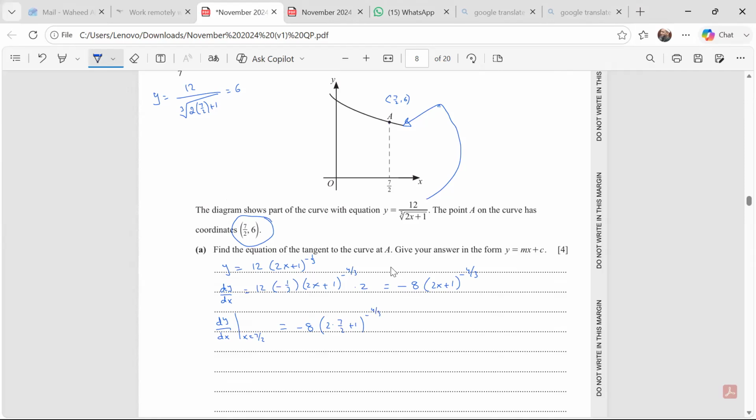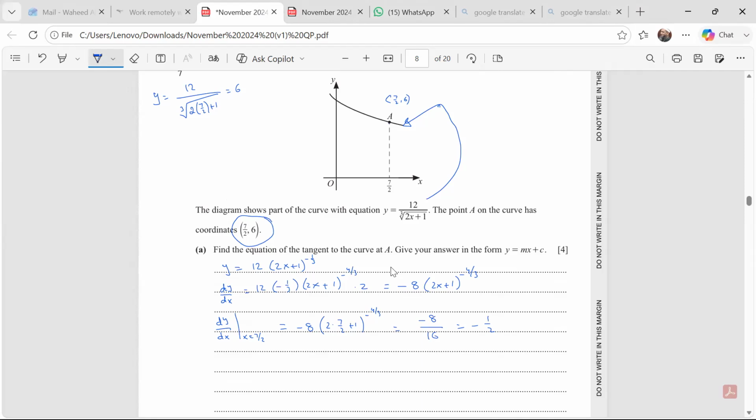This is 7 plus 1, which is 8. The cubic root of 8 is 2, and 2 to the power 4 is 16. So this is minus 8 in the numerator and 16 in the denominator, so it's negative 1/2. The slope of this curve at this particular point is negative half.